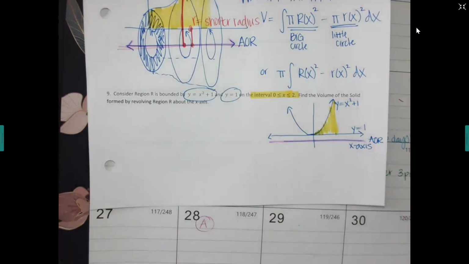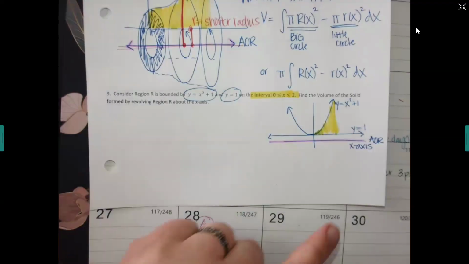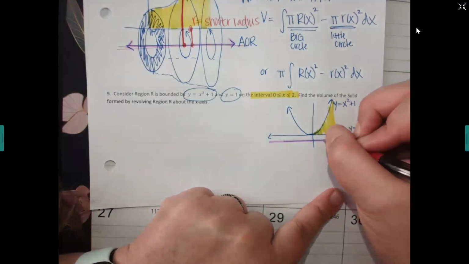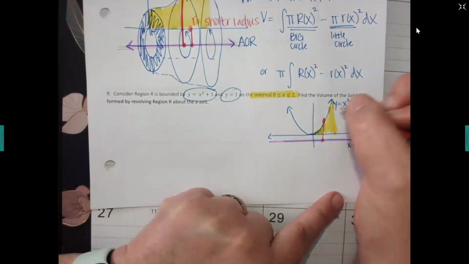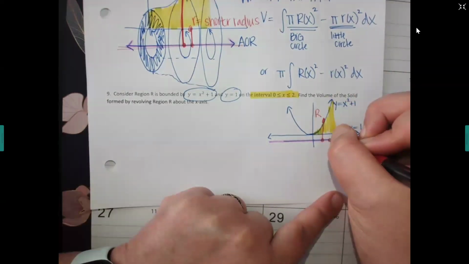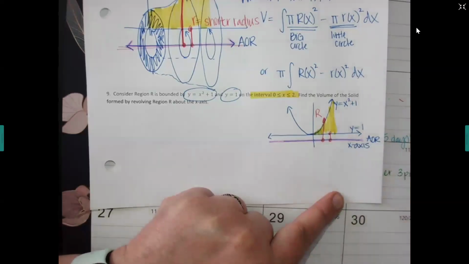I have a gap, then I have 2 r's. Draw big R for me. It should start at the axis of rotation and reach to the farther away function. So big R is going to be from here to here. And little r is going to be from here to here.